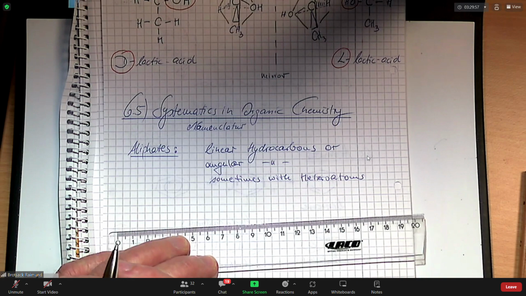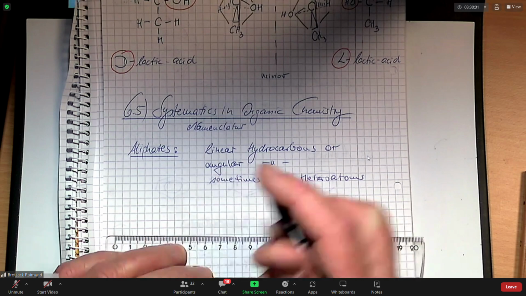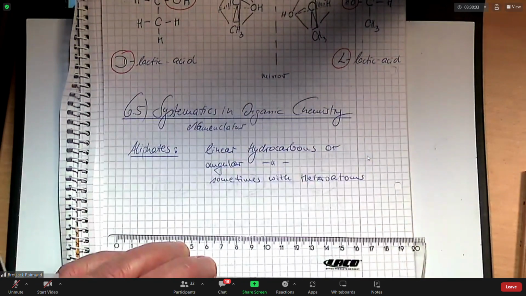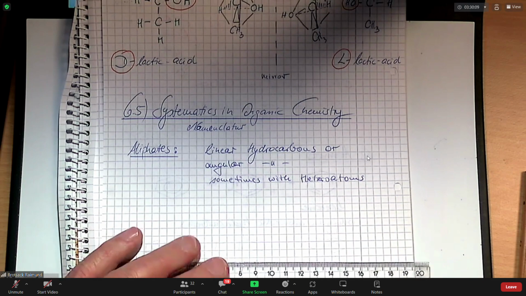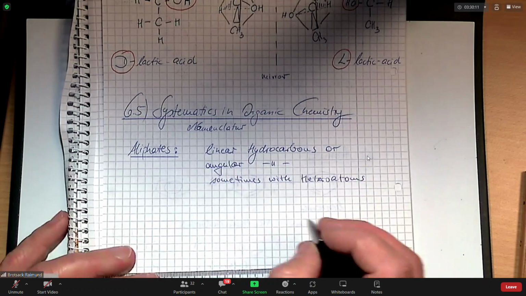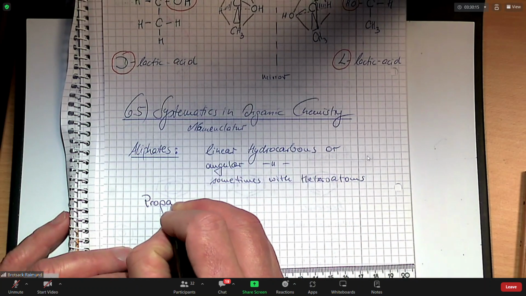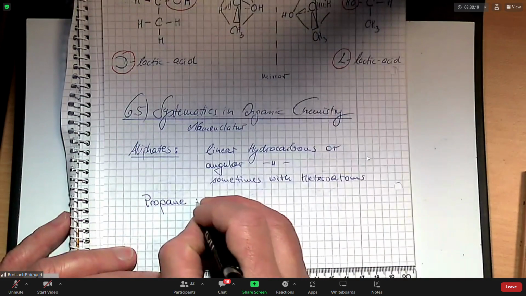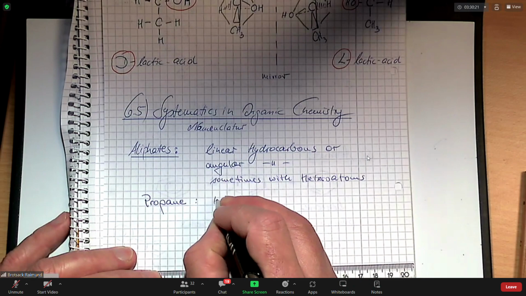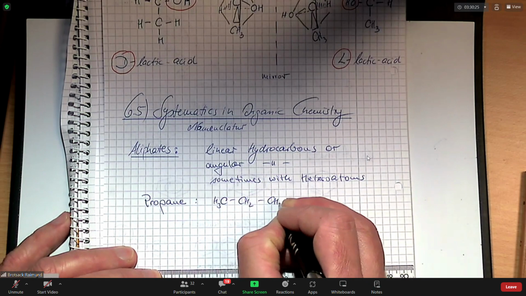Not carbon and not hydrogen. Hydrocarbons are carbon and hydrogen, and sometimes they have even others. A pure hydrocarbon is, for example, propane. Well, this is CH3, CH2, CH3.